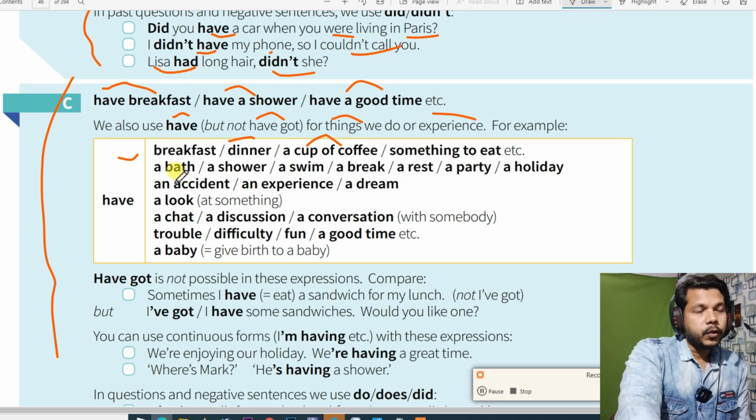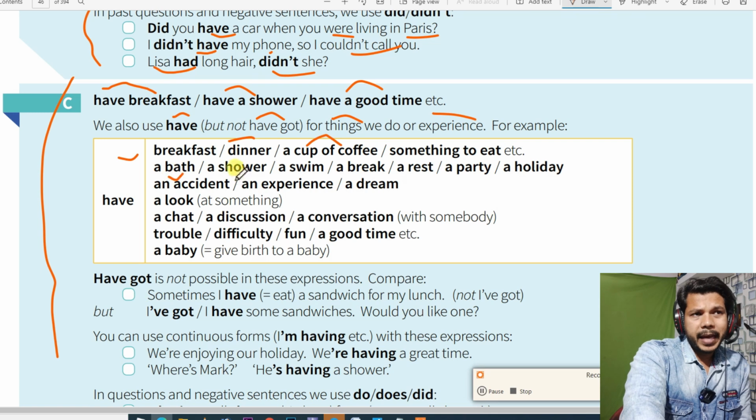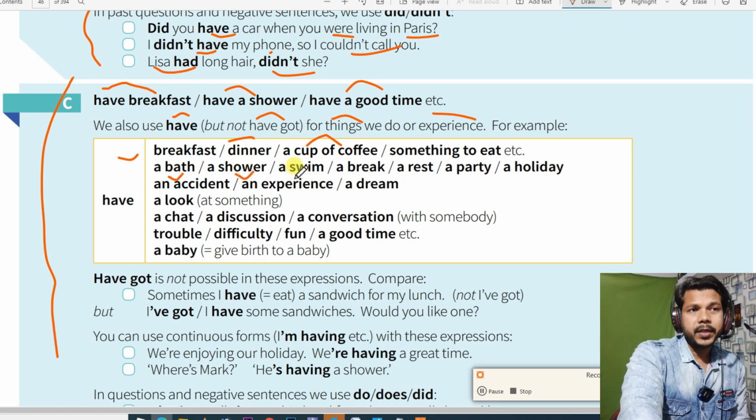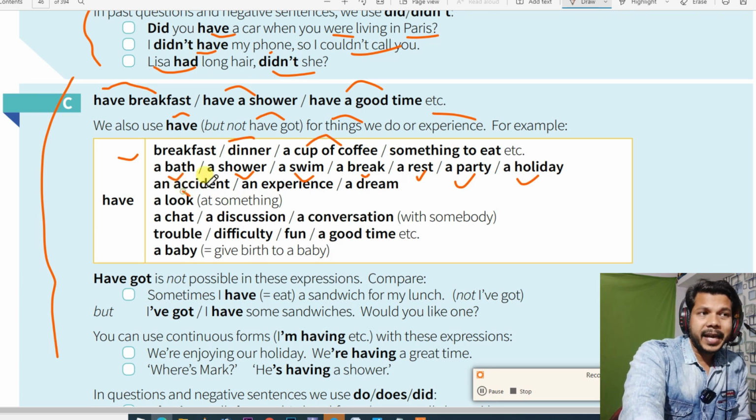Okay, you can say I'm having a bath, you can say I'm having a shower, or you can say I was having a shower, I'm having a swim, I'm having a break, I'm having a rest, I'm having a party, I'm having a holiday. Okay, oh, he had an accident. Okay, I had an experience, I had a dream last night, like this. Got it?